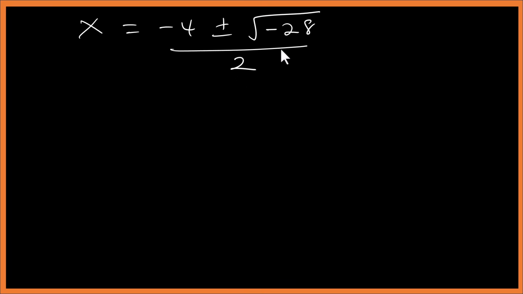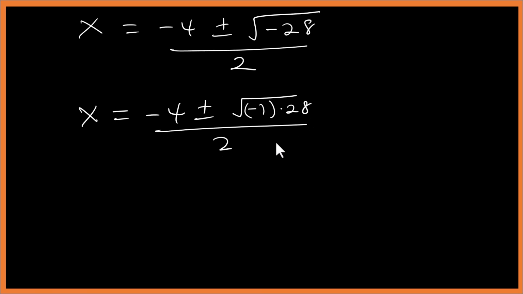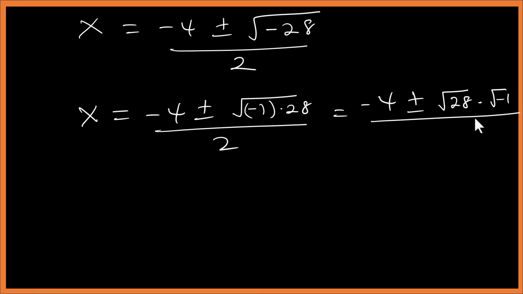So we can write this as square root of minus 1 times 28, on 2. So we have minus 4 plus or minus square root of 28 times square root of minus 1, on 2.